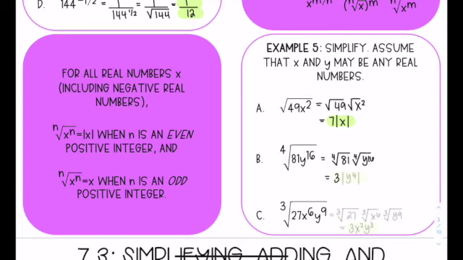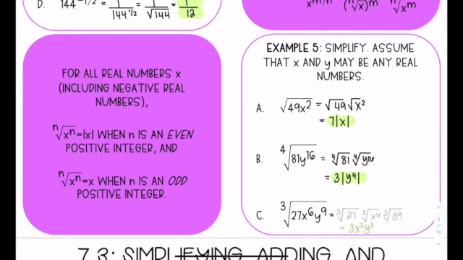We want to use our absolute value bar again because our index is even. And the 4th root of y to the 16th, remember we just moved this index as the denominator, and 16 over 4 is 4. So we end up with 3 times the absolute value of y to the 4th.